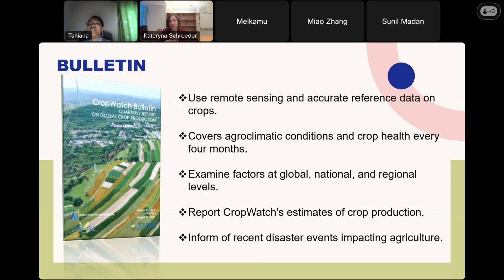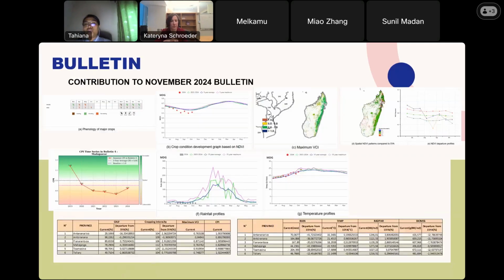So it's very important to do the bulletin for each crop. During the workshop we made a bulletin, and we have to do it regularly for Madagascar.